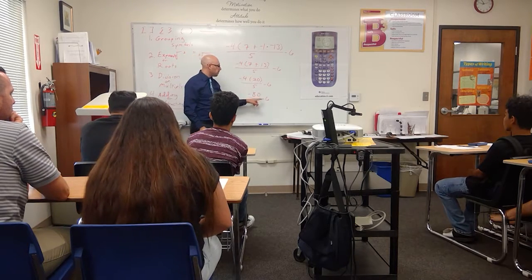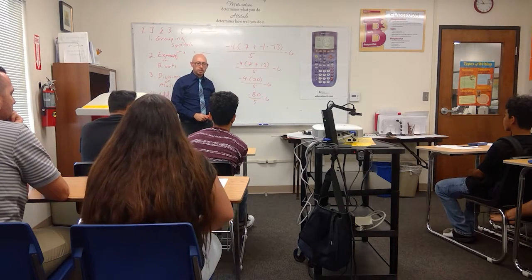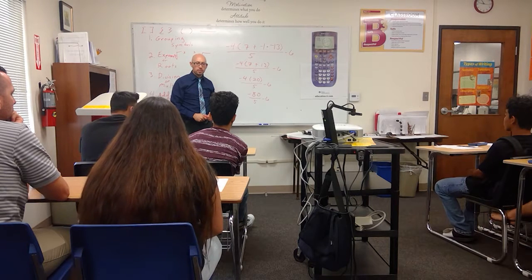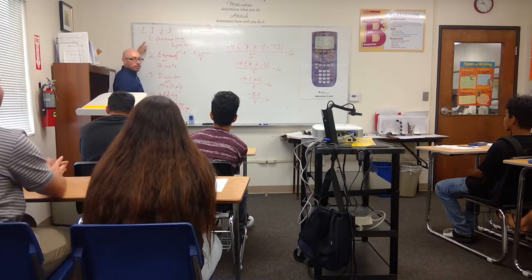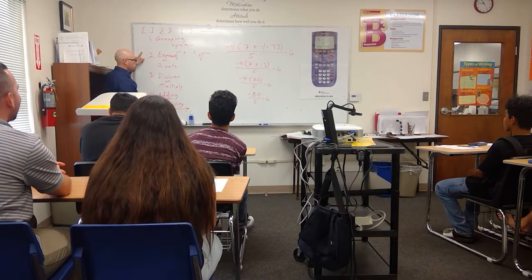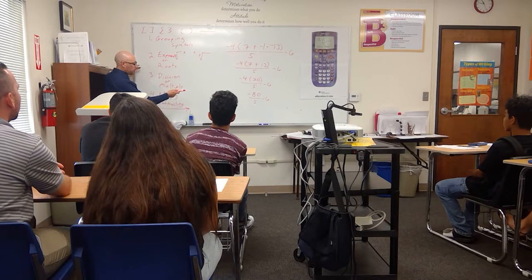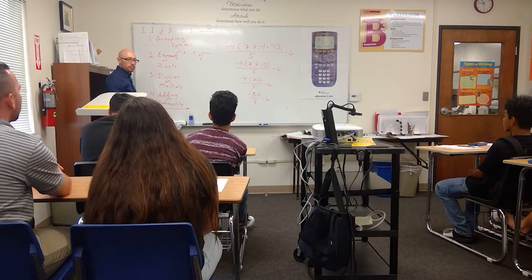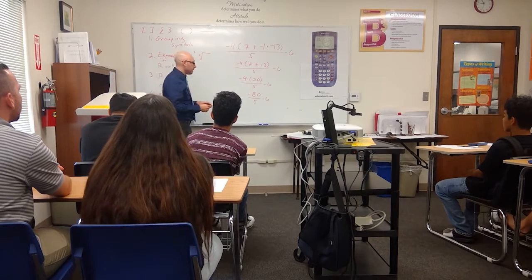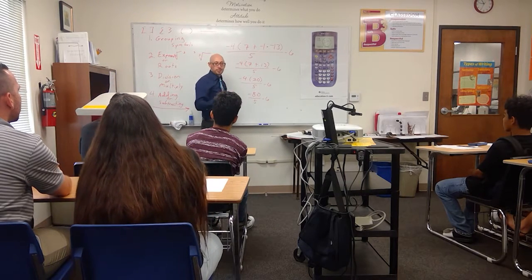Why'd you do division before the subtraction? Did you follow this thing? Yeah. Okay, and which one were you on when you did the division? Were you on 1, 2, 3, or 4? 3, right? Okay, right here on 3 it says division and multiplication, then subtraction.